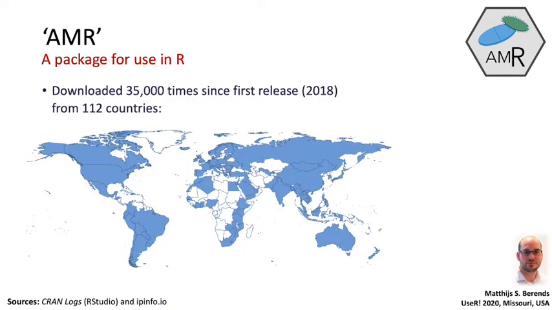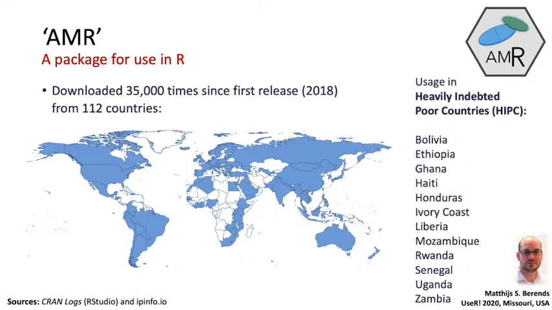We're very happy that it's been downloaded over 35,000 times already since the first release 2 years ago, which is from CRAN logs, this data, and this consequently is an underestimation because it only tracks one repository, albeit a very popular one. And it's been downloaded from 112 countries already, and we are especially fond of the fact that it's being used in HIPCs, a lot of them.